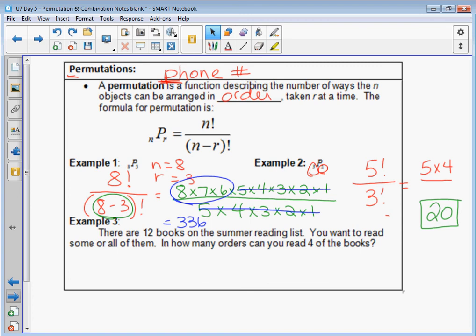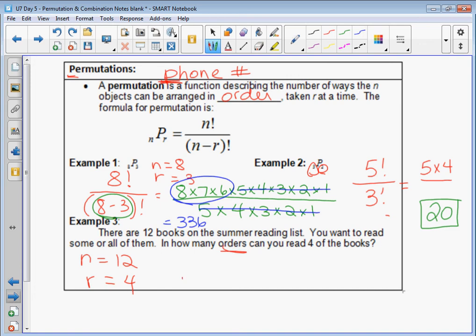In example 3, there are 12 books on the summer reading list. You want to read some or all of them. In how many orders, keyword here, orders, can you read 4 of the books? So our n will be 12, and we're choosing 4 at a time, so our r is 4.